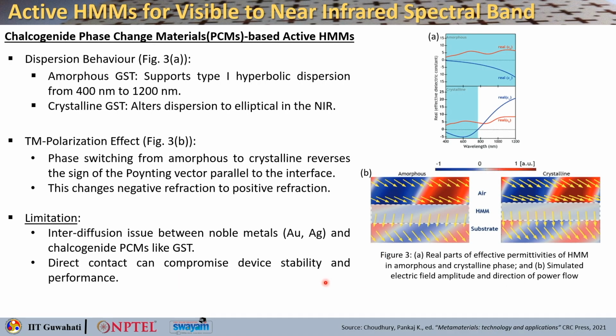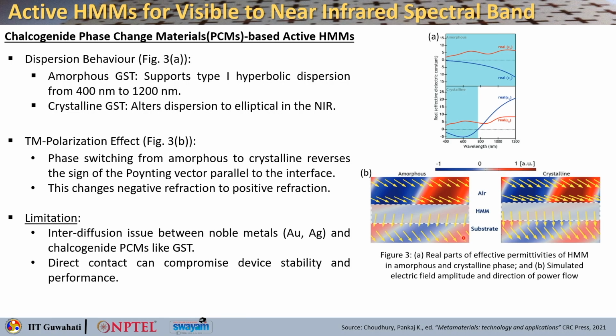Interdiffusion refers to the mutual diffusion of atoms across the interface of two different materials when they are in contact, especially when subjected to elevated temperatures, like during phase change cycles in phase change materials.